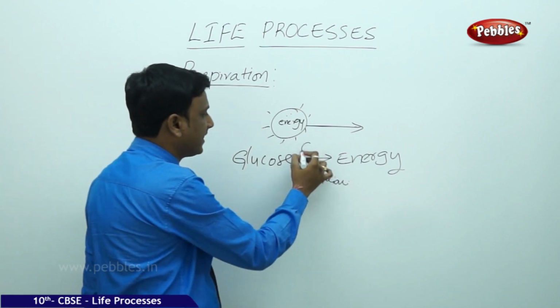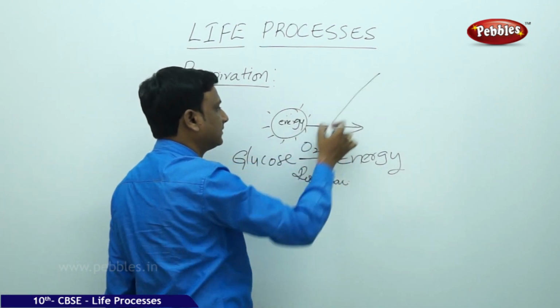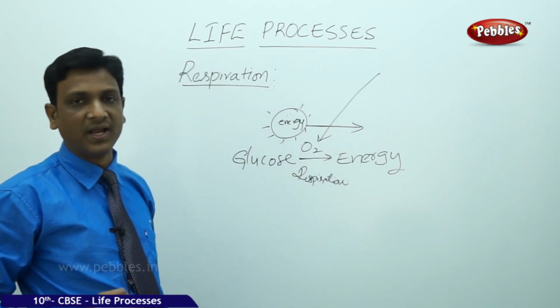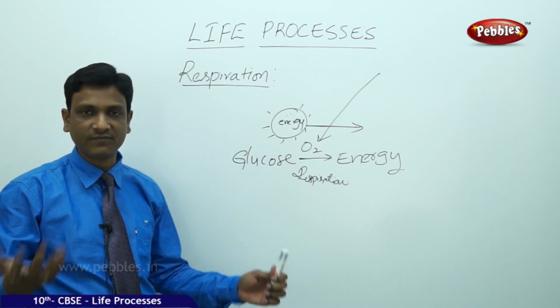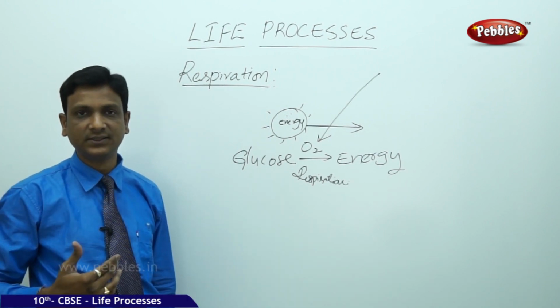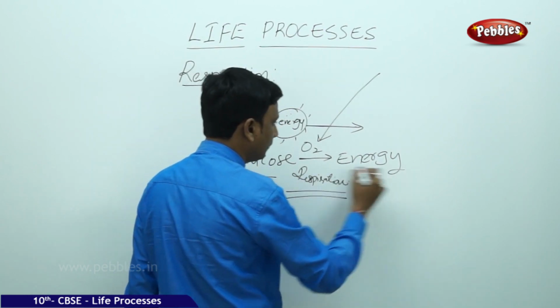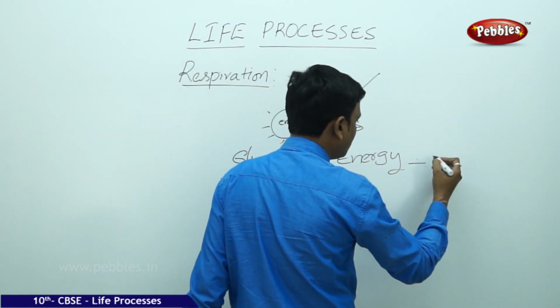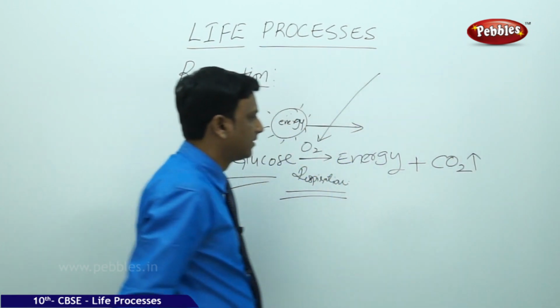So here what is needed? Oxygen is required. From where does this oxygen come? Oxygen is supplied by the process of breathing. We take the oxygen from the surroundings by the process of breathing. And in this process, when the energy is released from the molecules, along with the energy, what is released? Carbon dioxide is released.